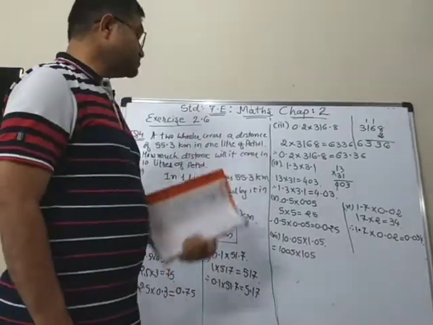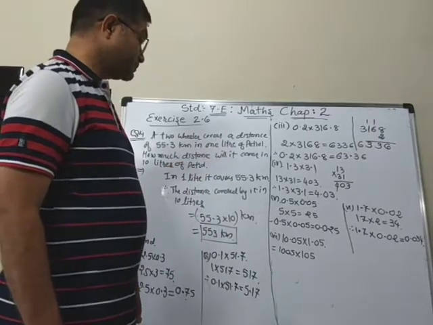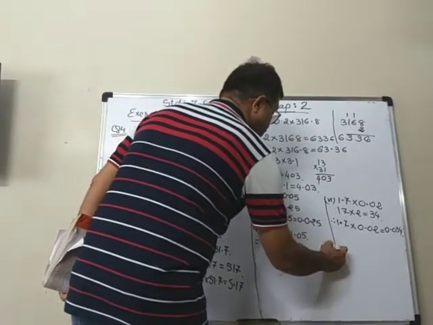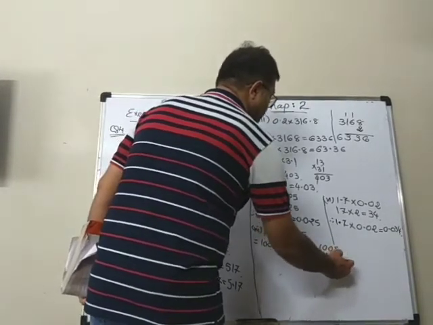That we must do, and then we can find the answer. So here we have to multiply 1005 multiplied by 105.